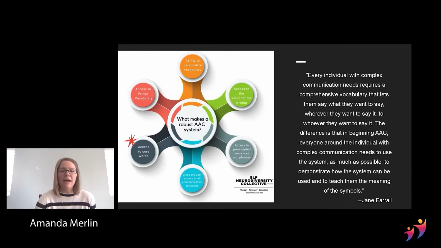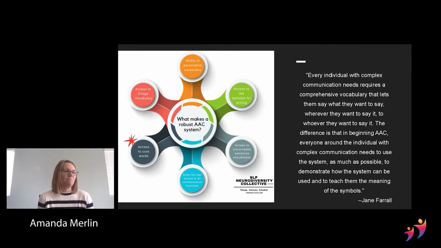But we also want to have access to fringe vocabulary. If we don't have the nouns to kind of pull the core together, then our kids sometimes aren't really engaged. We want to make sure that there's a good balance between core vocabulary and fringe vocabulary. And usually someplace in here, I have a page that's dedicated to what I call personal core.